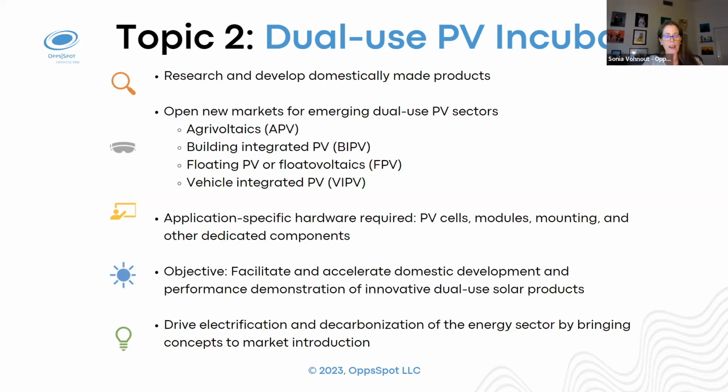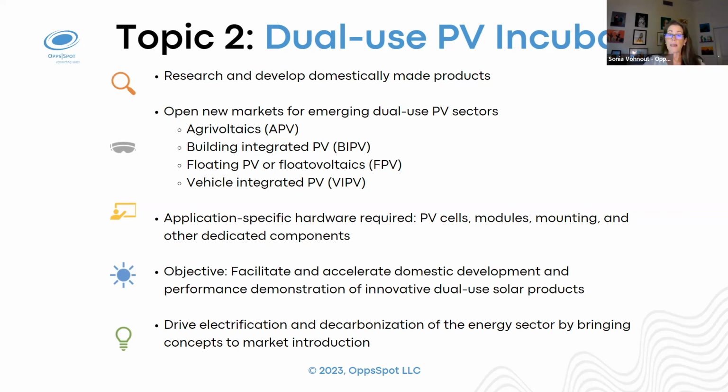And here, the types of applications they're looking for are maybe PV cells, modules, mounting applications, or other dedicated components where you're going to be doing research and development to prove the feasibility that you could do that product applied to one of these four dual use PV sectors.